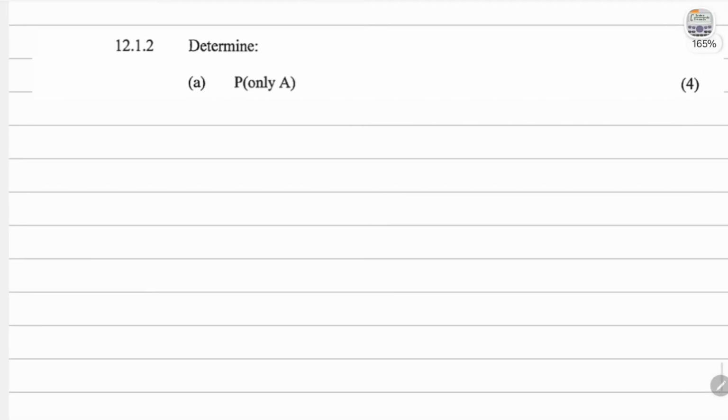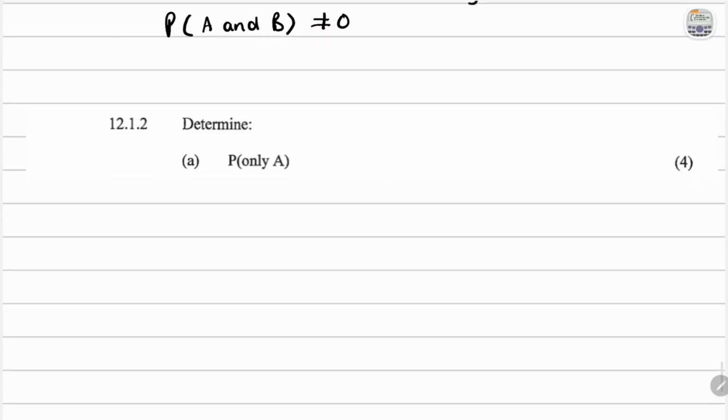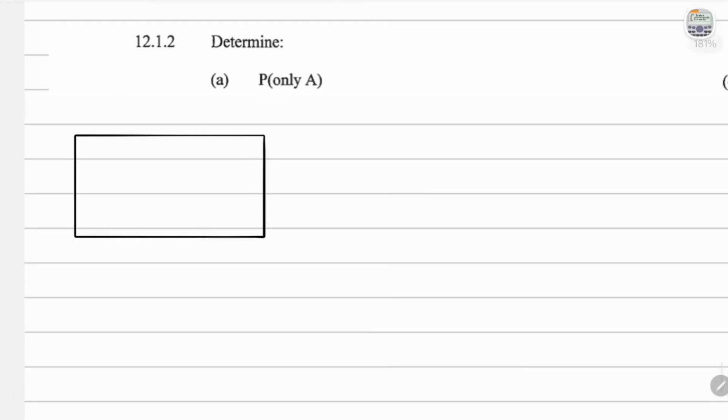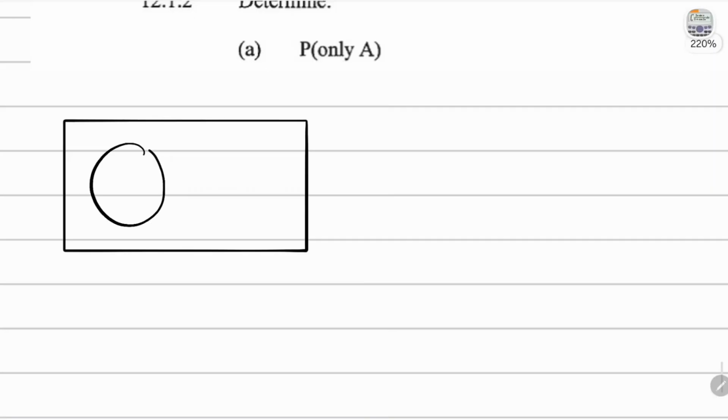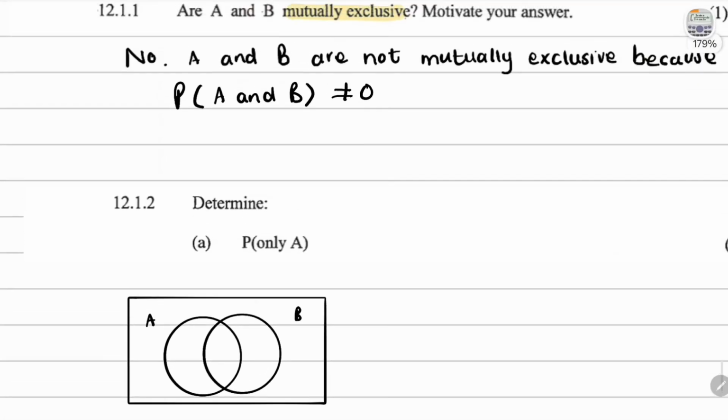Question 12.1.2, A says determine the probability of only A. So let's look at the relationship between how these would work. In the Venn diagram, you have two circles, and these two circles, they intersect. We know that now. So this is A and this is B. Now we specifically know some of these now.